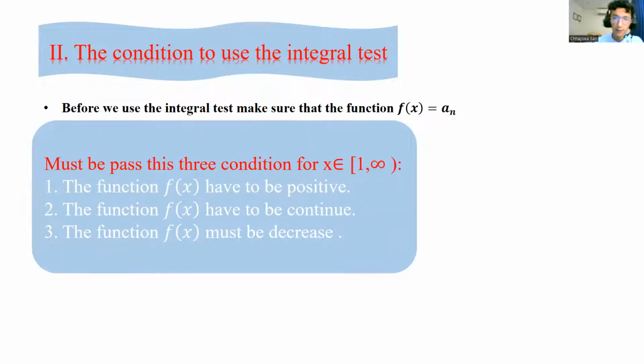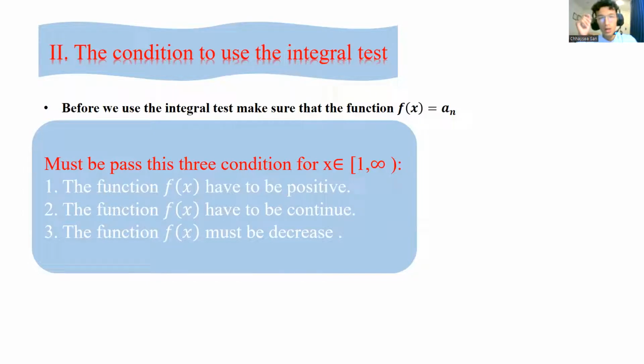So the function f(x) equal to a_n must pass the three conditions. The first one is the function must be positive, it has to be continuous, and it must also be decreasing. So I'll repeat it again: the function has to be positive, continuous, and decreasing.